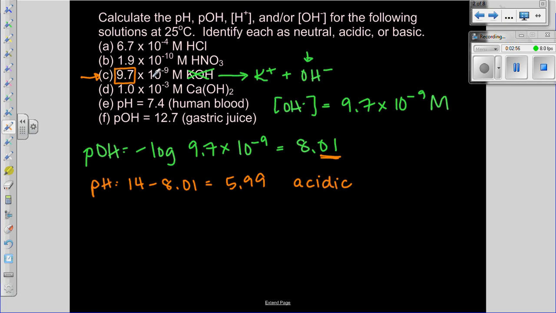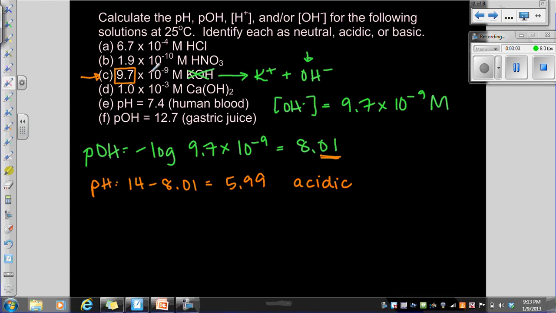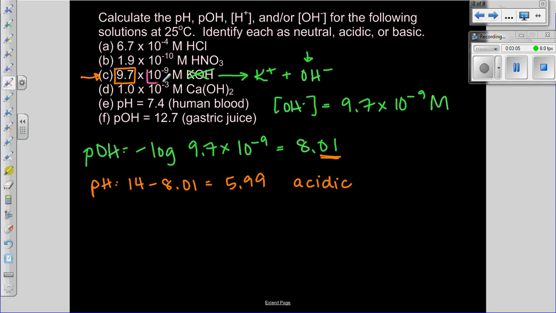Now this is kind of like that last problem that we did, which would be like B, because the concentration of this base is so small, and really what I need to look at is the exponent.